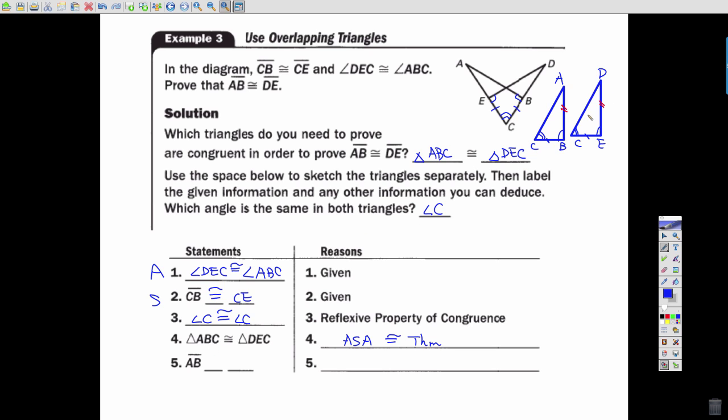If two triangles are congruent, their corresponding sides and angles must be congruent. The corresponding side for AB is DE. So AB is congruent to DE by CPCTC: corresponding parts of congruent triangles are congruent.